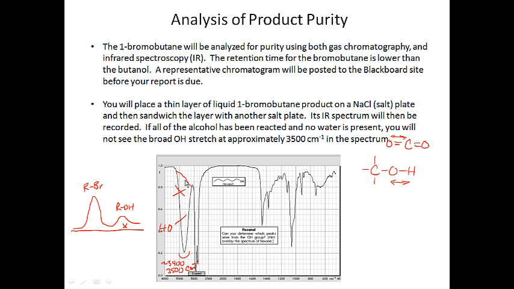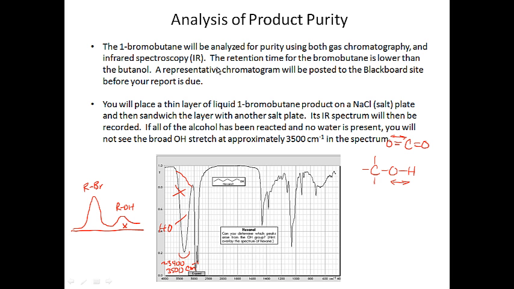So this isn't a quantitative test, it's more of a qualitative test to show that we've taken the alcohol, gotten rid of the OH group, and formed the alkyl halide. And so that'll be a second qualitative test of your purity. Your two qualitative tests will be appearance and IR, and your quantitative test will be of the 1-bromobutane.